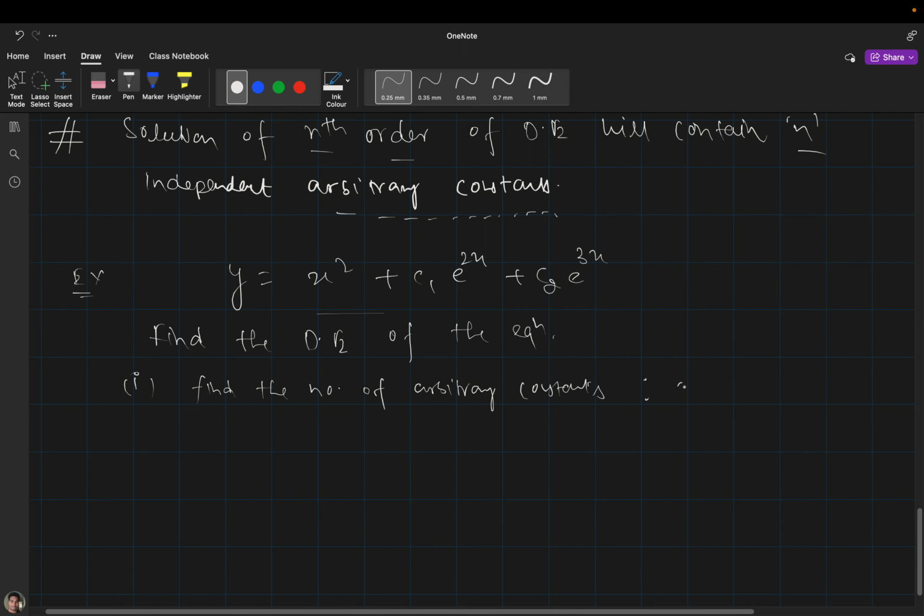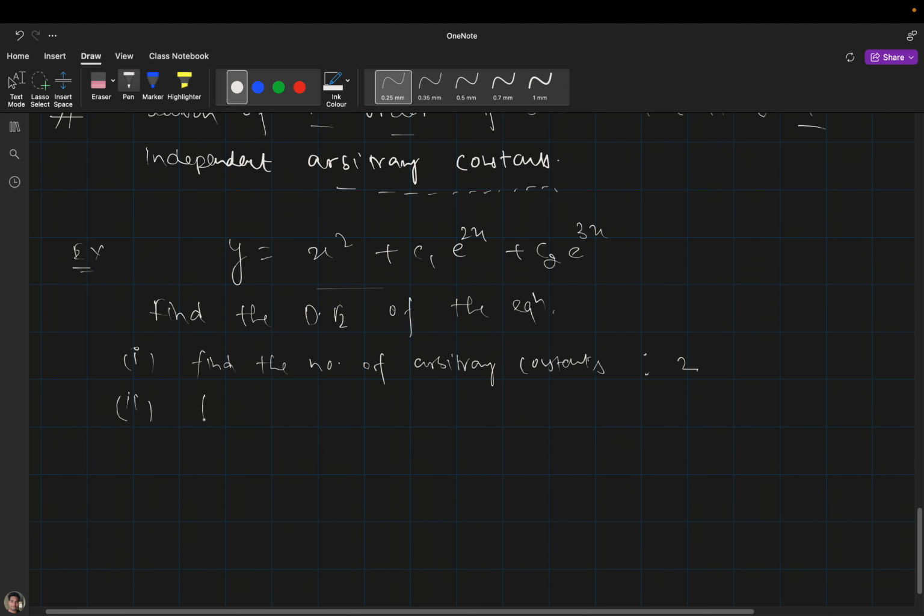Which is what? 2. Okay. Then find derivative, or you can also say, find derivatives of the equation, as many as the number of arbitrary constants.